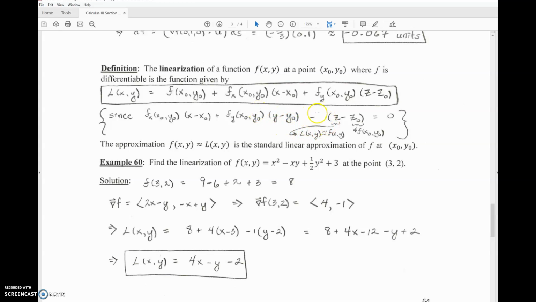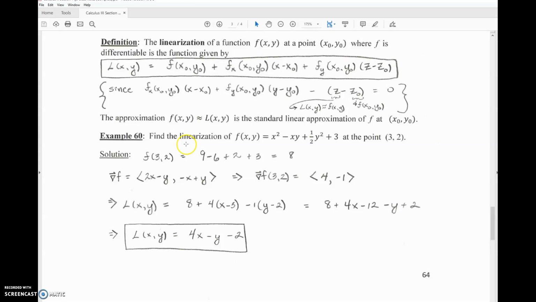And then minus, this coefficient is always 1, times z minus z naught equals 0. If I solve this for z, which is f of x, y, that then gives me an approximation to f of x, y, because this is the plane. So it's not the function f of x, y exactly, but it's certainly close to where this tangent plane touches the surface. This will be a decent approximation of the surface near x naught, y naught.